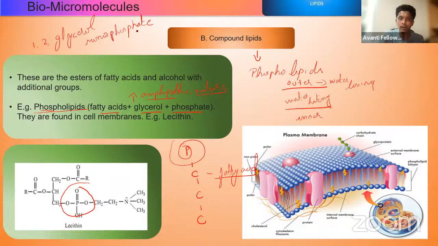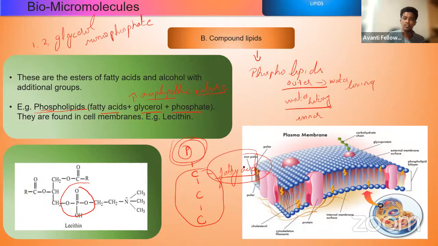So what am I telling? When you have a combination of glycerol with a phosphate molecule and then your fatty acid attached, it is essentially just 1,2 glycerol monophosphate. It is not phospholipids. Later, an alcohol molecule modifies this entire structure to become phospholipids. So if I ask you what is a precursor of the phospholipids, you should tell that it is 1,2 glycerol monophosphate. That would be the legit answer for what is the precursor of your phospholipids.